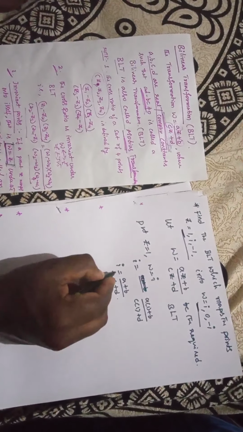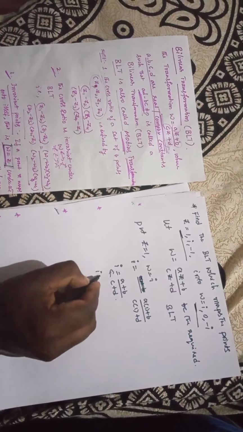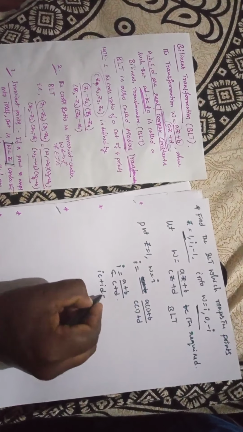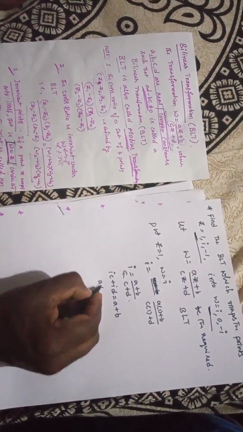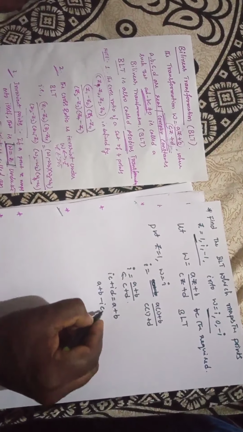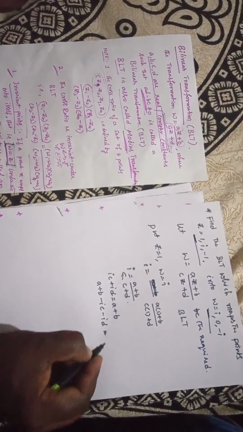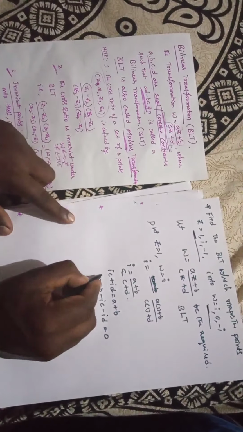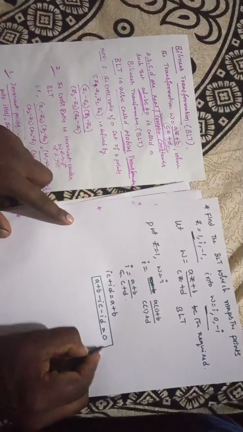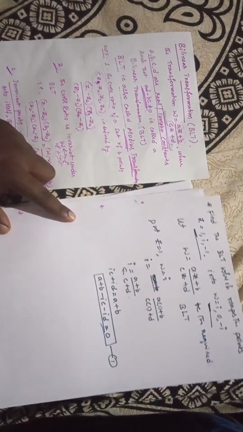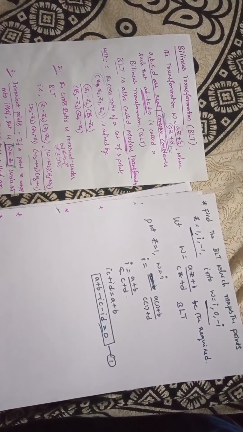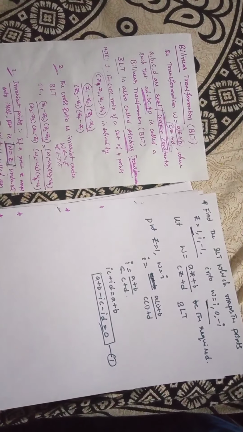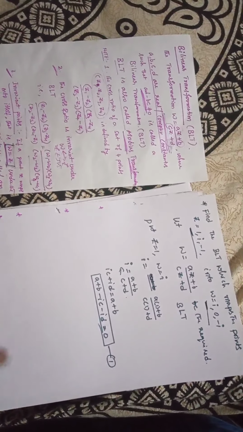Cross multiply this: ic plus id equal to a plus b, or we can rearrange this as a plus b minus ic minus id equal to 0. This is our first equation. In these problems the main thing is simplification. We have to simplify the equations carefully.